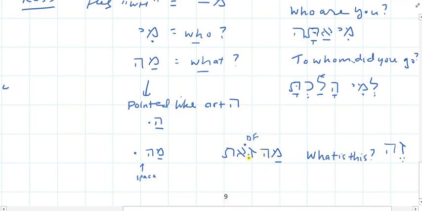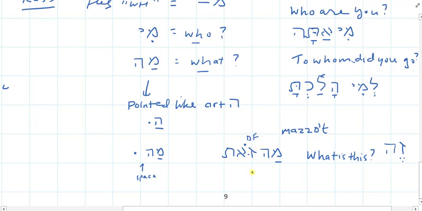So, it isn't that hard, I suppose, to put a dagesh forte in the next word and to vocalize this as a closed syllable. Maz. Okay, so if I had to give you some kind of a transliteration here, it would be something like that. So, mazot. Mazot. Okay? There's a doubled zayin here.